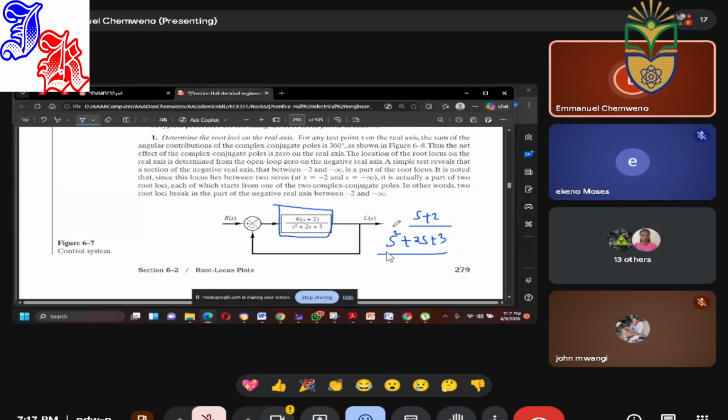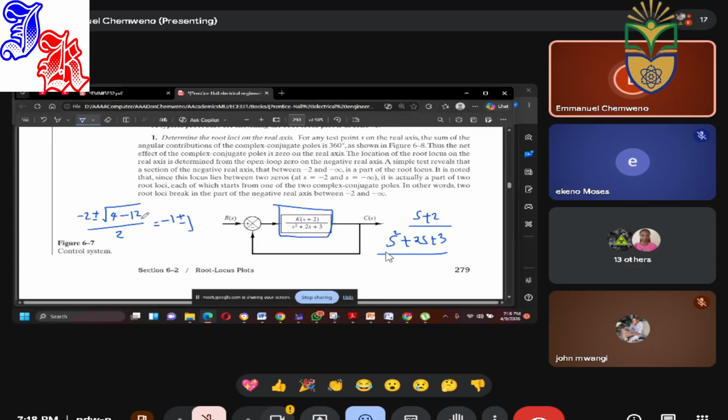The roots are minus B plus or minus the square root of B squared minus 4AC over 2A. B squared is 4, minus 4AC is 12, so minus 12 over 2, which is equal to minus 1 plus or minus j.